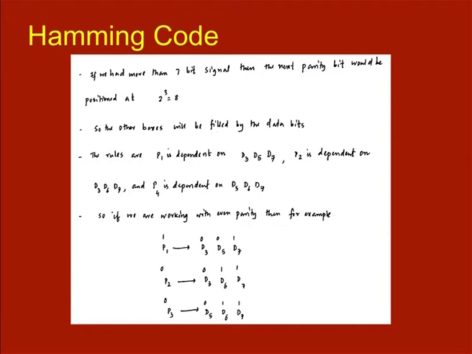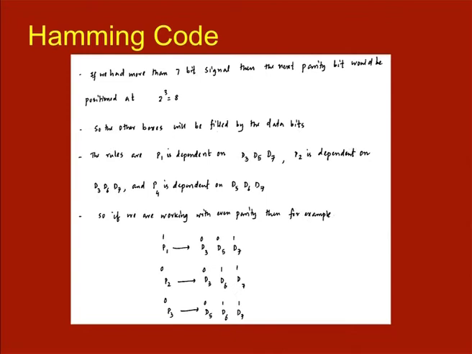So, the other boxes will be filled by the data bits, and the rules are: P1 is dependent on the data bits D3, D5 and D7, P2 is dependent on D3, D6 and D7, and P4 is dependent on D5, D6 and D7. If we are working with even parity, then we can use the following example to understand what the parity bits should be.